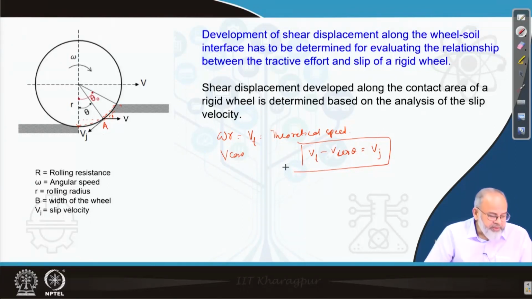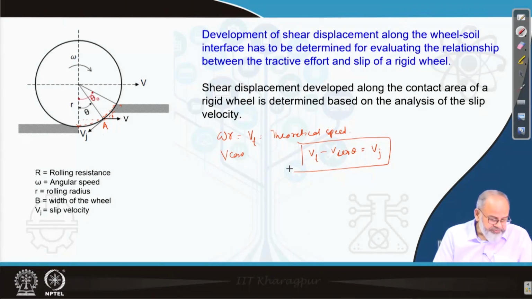In other words, slip velocity is nothing but the tangential component of the absolute velocity at any particular point where you are interested in finding the slip velocity. So, Vj is equal to Vt minus v cos theta.